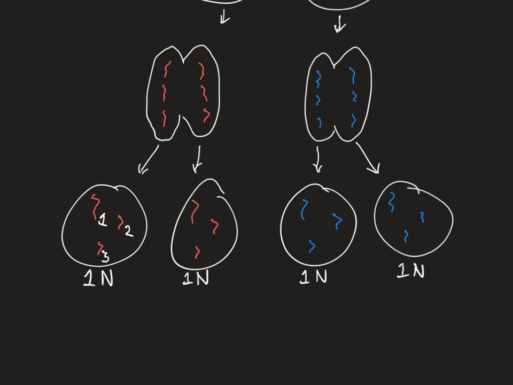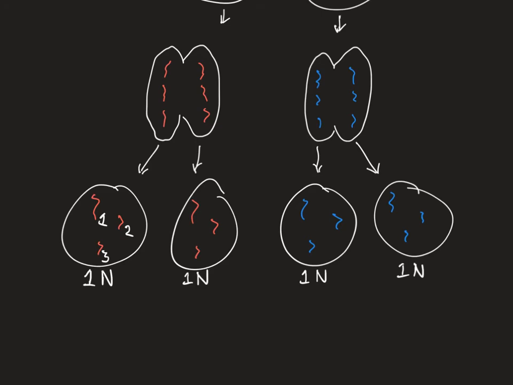So let's look at how independent assortment and crossing over give us the pretty much infinite variation that actually exists in the gametes that are produced by an individual in a separate video. But before I do that, I want to go over the review questions.